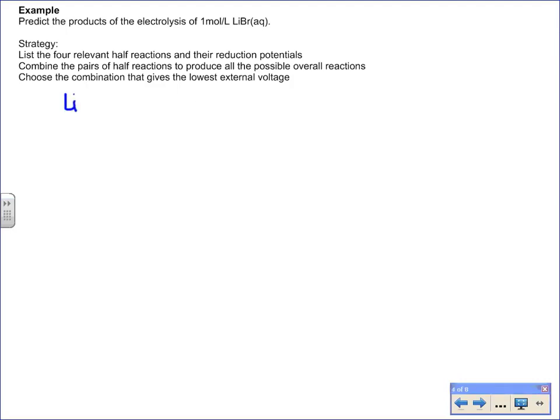So the reaction for lithium ions in solution: they could potentially gain electrons to form lithium. And we're going to record the appropriate reduction potentials of this. So this is the potential reduction.